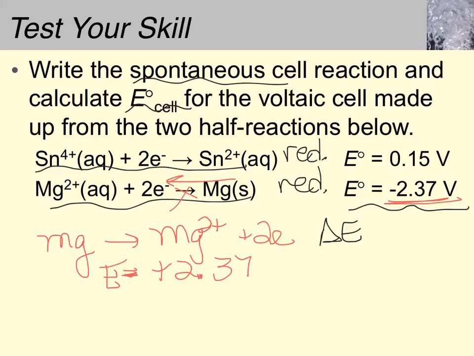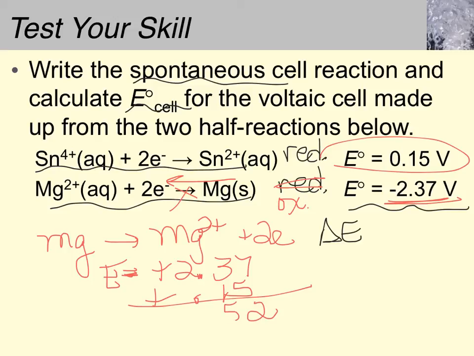Remember, we want positive values for a strong source of electrical energy. So now we know the bottom one is going to become our oxidation half cell, which means we leave the top one as it is. Once we have the correct signs, you simply add them together. And so the total voltage of this cell is 2.52 volts.